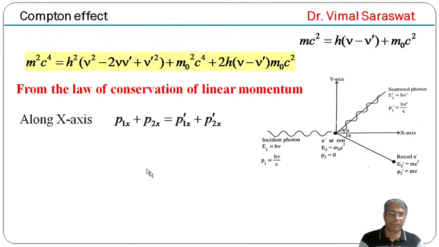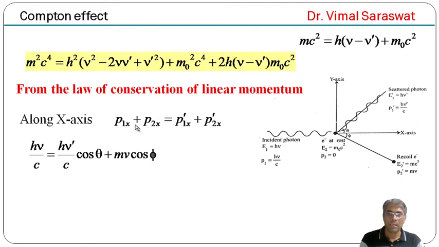So P1x = hν/c, because the incident photon moves along the x direction, and P2x = 0, whereas P1x' is the component of P1' along the x-axis, that is P1' cos θ, plus P2x', the component of P2' along the x-axis, which is P2' cos φ.